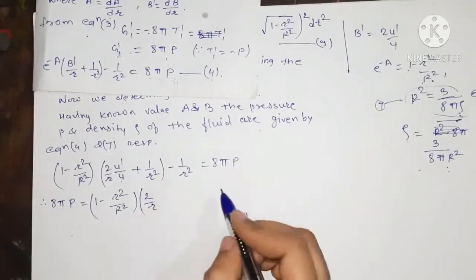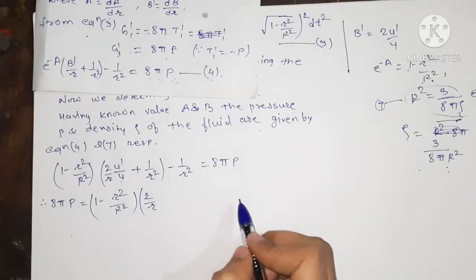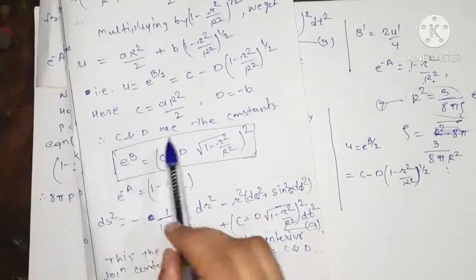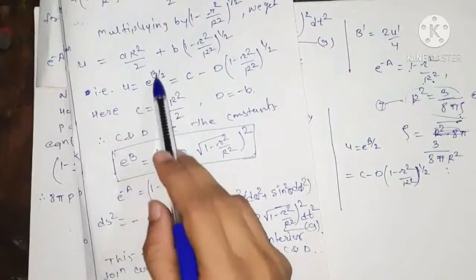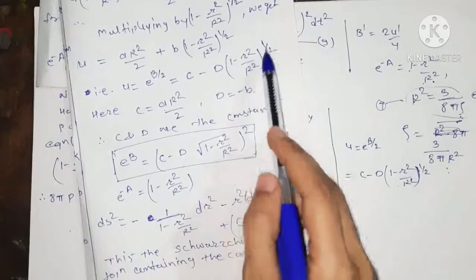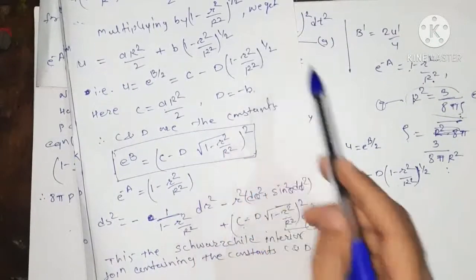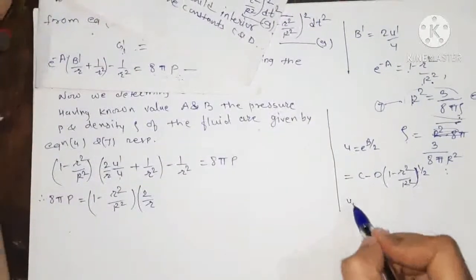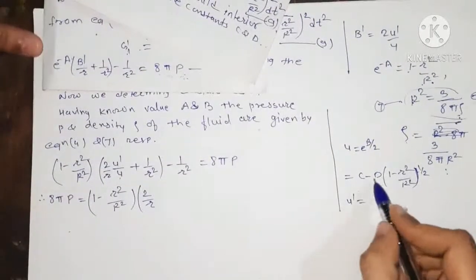Now the value of u we have solved in the last lecture: u can be written as e to the power b upon 2, equal to C minus D times 1 minus r square upon capital R square, to the power half. I have written it here. Now, what is u dash?